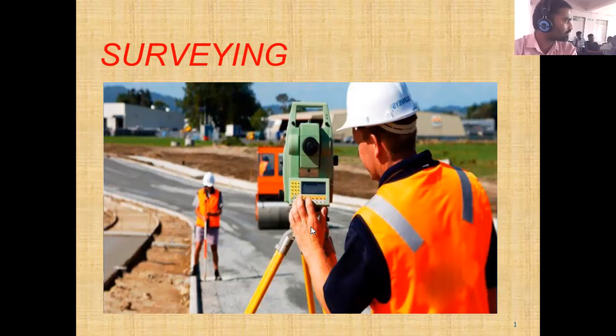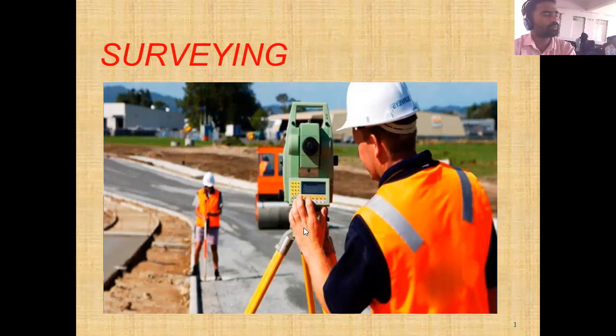Last benches, what is the principle of surveying? How many principles are there in surveying? There are two principles of surveying. What are those? Whole to part, and the other is to locate a fixed point by taking at least two measurements from the reference point. Then can you define what is surveying?